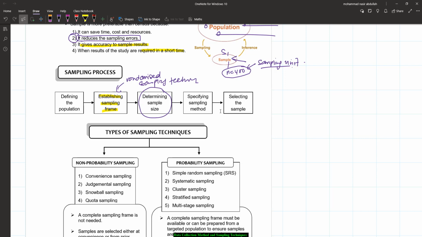Let's say you want to do a linear regression, so you need to determine the sample size based on the method. If you want to do one-way ANOVA, so you need to determine the sample size that satisfies one-way ANOVA. Right, this is a method that we are looking into in estimation. So there is another school of thought in social science, right?